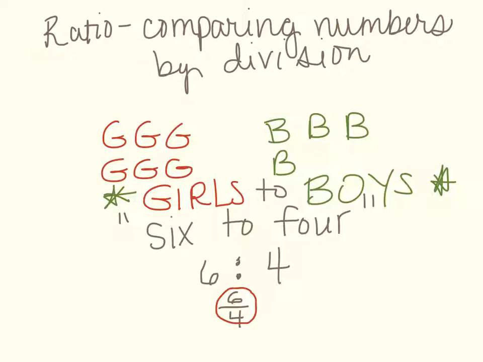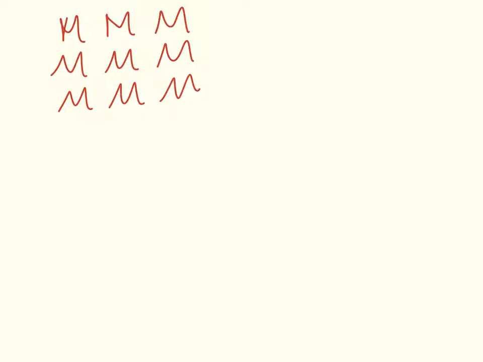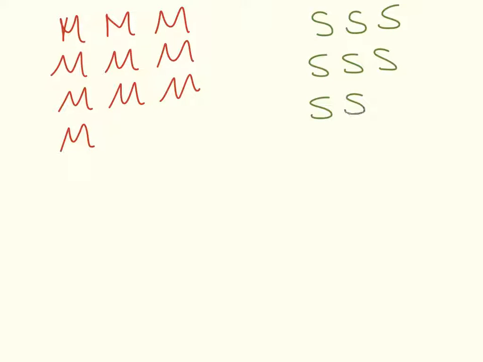Let's do a couple more just to make sure that you get an idea of what's going on. I think I might be a little hungry because the only example that comes to mind is if I open my candy drawer and I have 1, 2, 3, 4, 5, 6, 7, 8, 9, 10 packages of M&Ms, and I have 1, 2, 3, 4, 5, 6, 7, 8, 9, 10, 11, 12 Snickers bars.